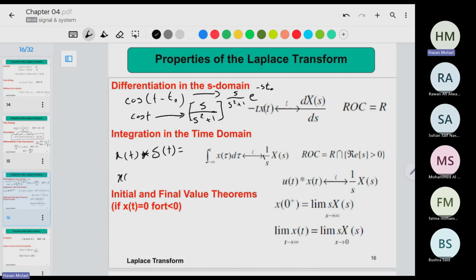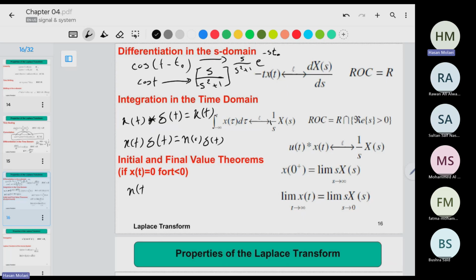In multiplication, if you multiply x(t) with delta, that's the sampling property. It would be x(0) delta(t). If we convolve x(t) with delta(t), it would be x(t). Convolution of delta with anything would be that anything.